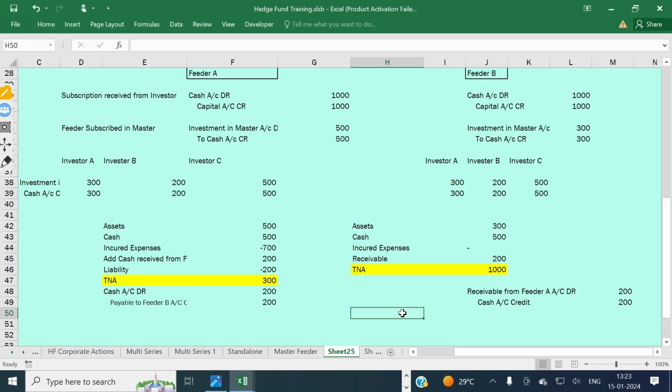Let me just quickly check. Where is that? Here.